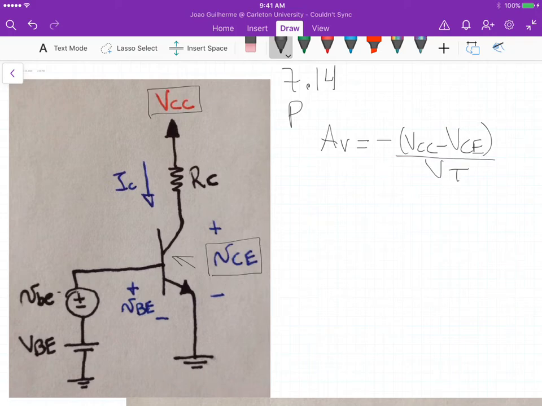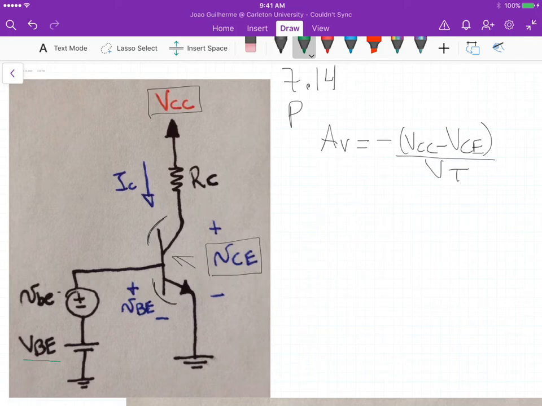So we need this PN junction here to be forward biased, and we want this one here to be reverse biased. Now, one thing you may have noticed in this circuit is that we have capital V, capital B here. Let me use a different color to highlight this.